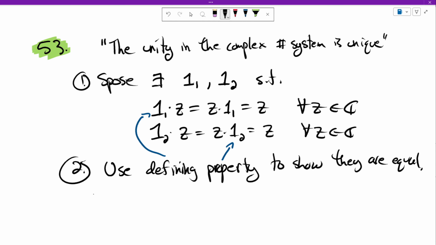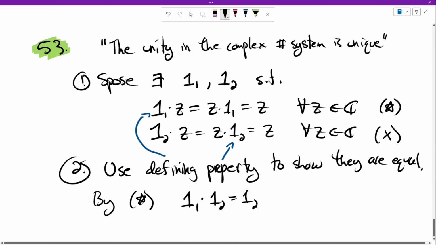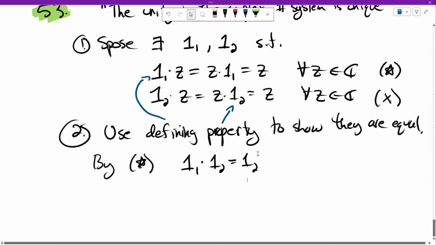Let's call this one star and this one x. By star, we know that 1_1 times 1_2 is 1_2, using z equals 1_2.